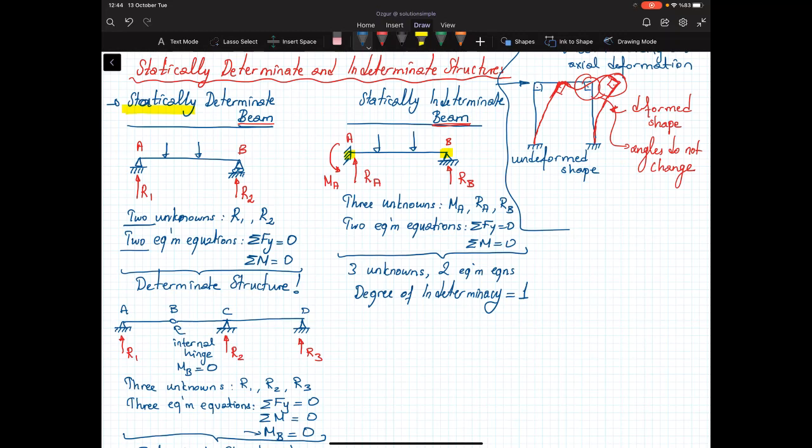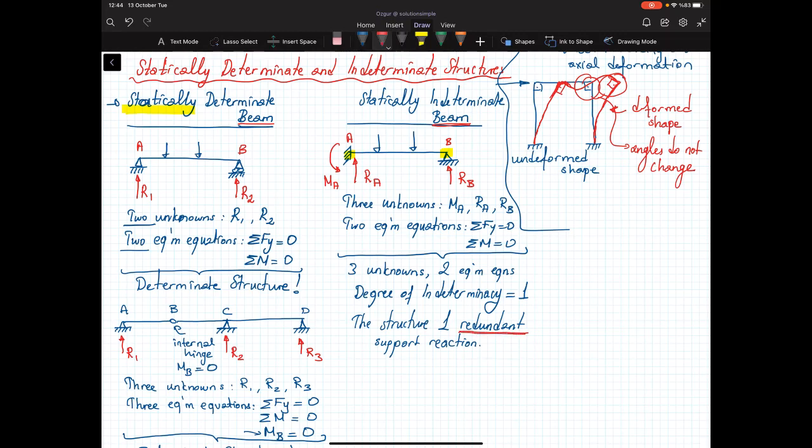Or there's another wording: the structure has one redundant support reaction. So why do we say redundant?